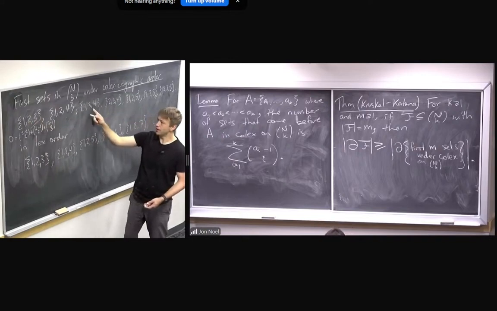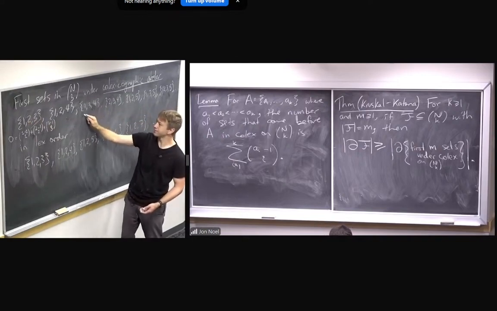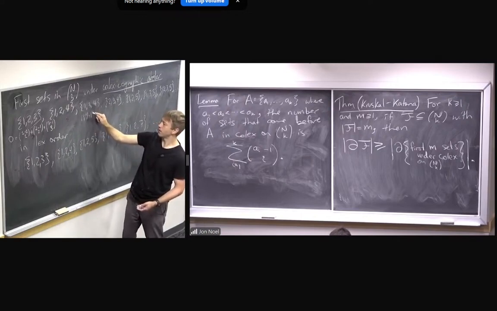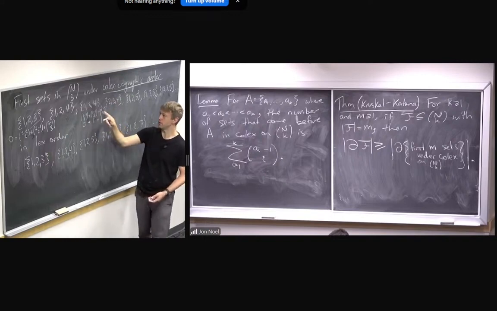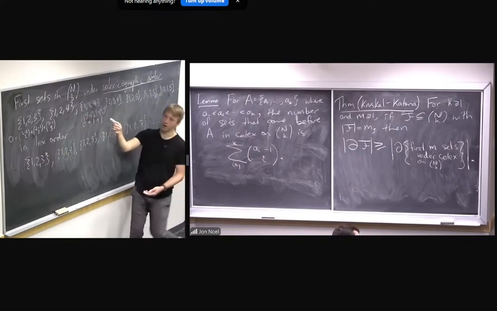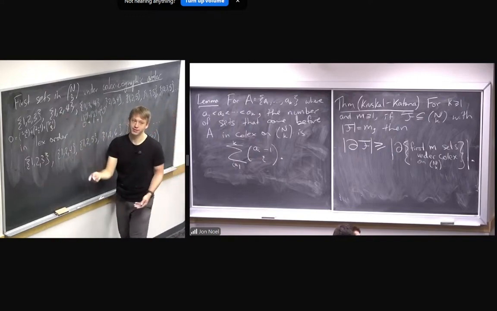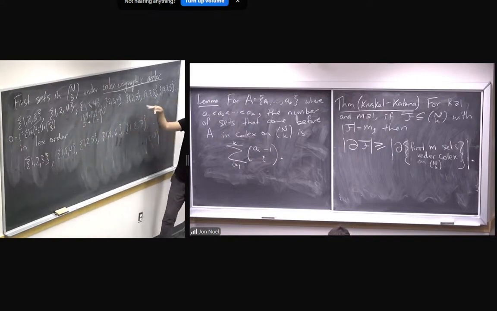For this one, at the end you have 1 minus 1 choose 1, 3 minus 1 choose 2, 4 minus 1 choose 3. That's 0 plus 1 plus 1, because it's 2 choose 2, 3 choose 3. And that's saying there are two things before it in colex. If you keep going, you'll see that the formula checks out.